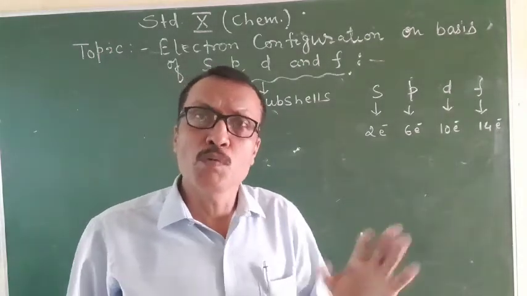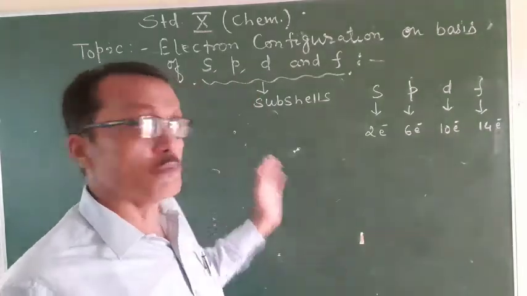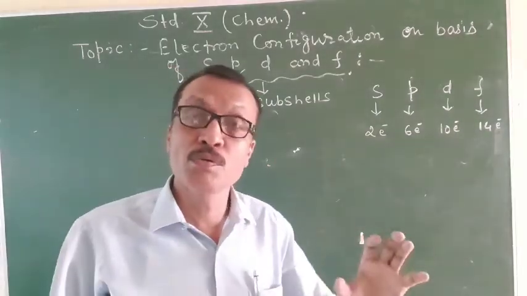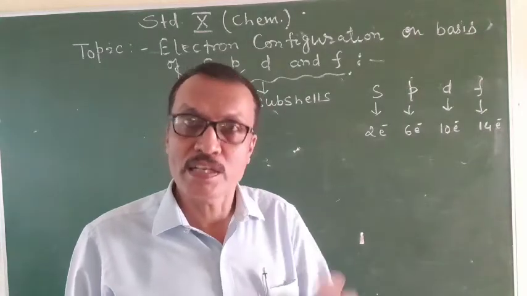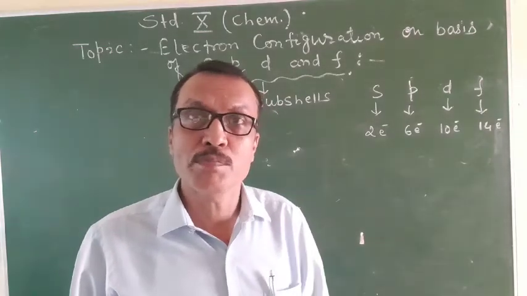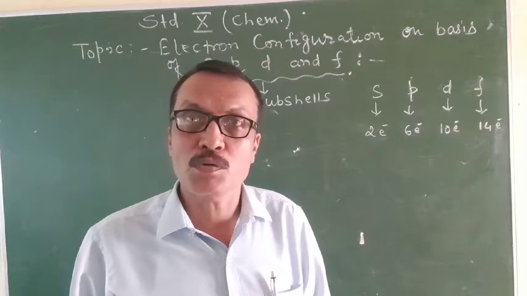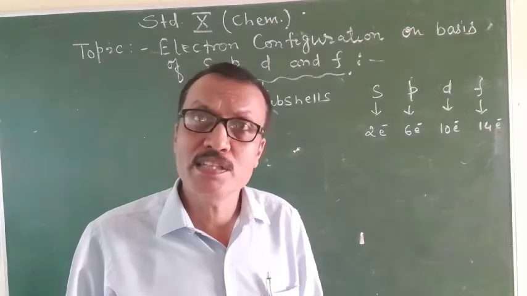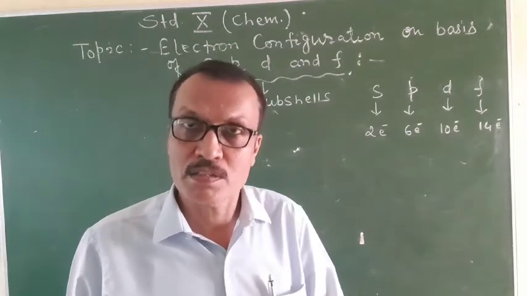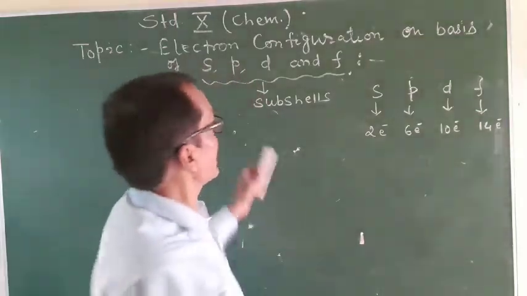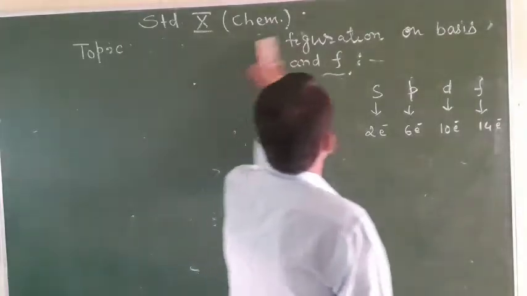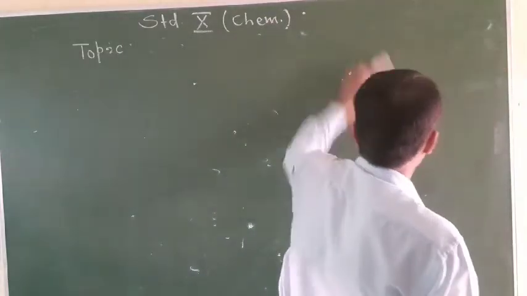So students, one diagram I am going to put before you. If you digest this diagram, I hope you will be able to write the electronic configuration of any element if the atomic number is given to you. Okay, so let me write here that energy level diagram.